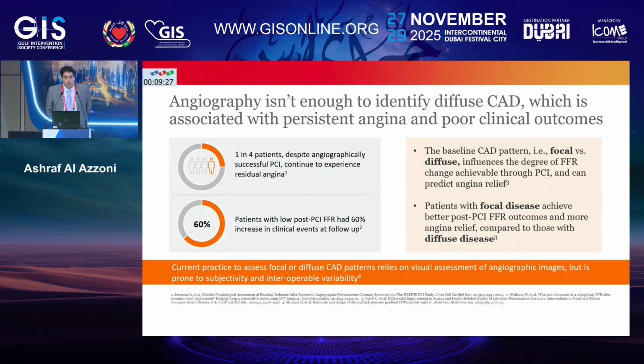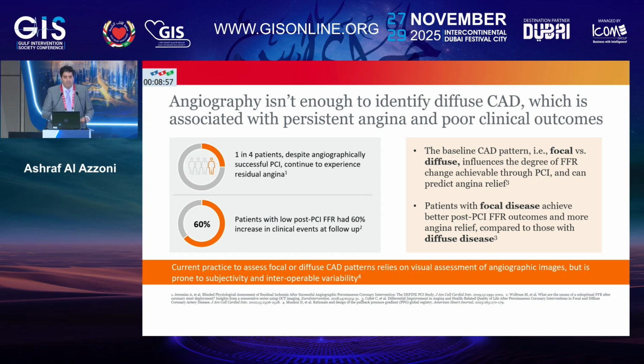As you all know, angiography is not enough by itself to identify diffuse versus focal lesions. There is so much subjectivity from one operator to the other to judge if it is focal or if it is diffuse. 1 in 4 patients, despite angiographically good PCI, will continue to have angina 1 year later. And the lower the FFR at the end of the PCI, the higher the risk of ongoing angina down the road and the higher risk of major adverse cardiovascular events.